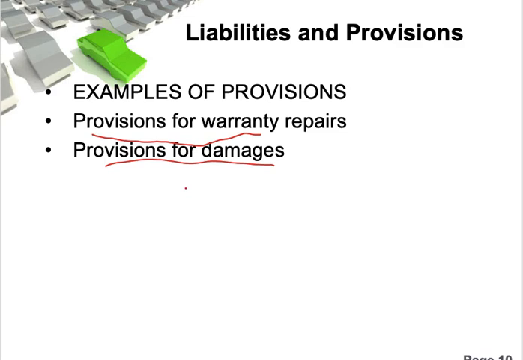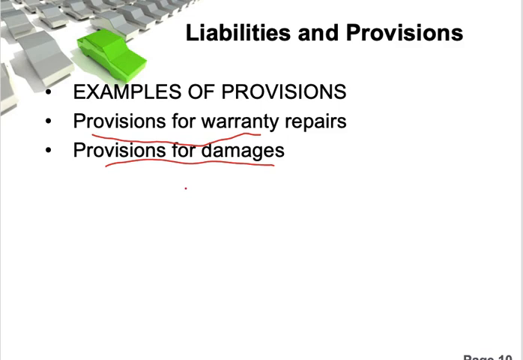So that may be considered as provision for damages, but that will depend on the situation. Not necessarily every time the employee sues the company will it be a provision. It depends on the condition and whether it fulfills all the requirements or criteria to be identified as a provision.